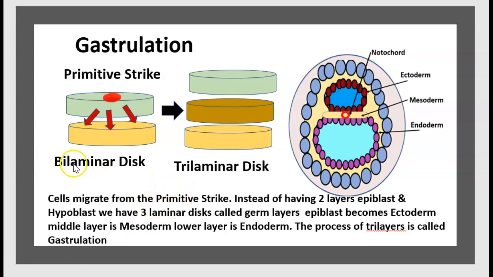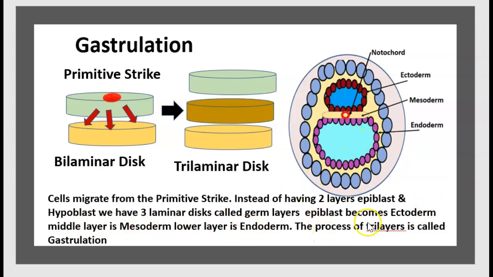Gastrulation. Within the bilaminar disc, cells migrate from the primitive streak. Instead of having 2 layers, epiblast and hypoblast, we have 3 laminar discs called germ layers. Epiblast becomes ectoderm, the middle layer is mesoderm, and the lower layer is endoderm.